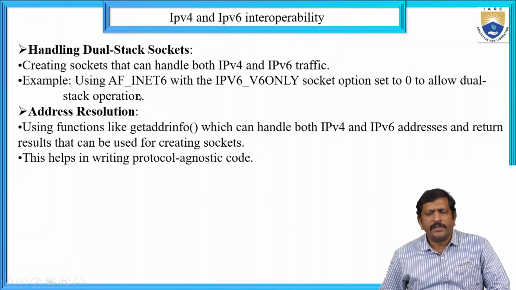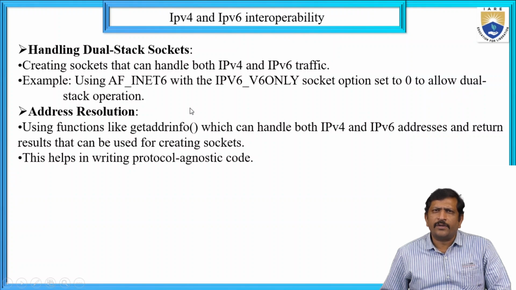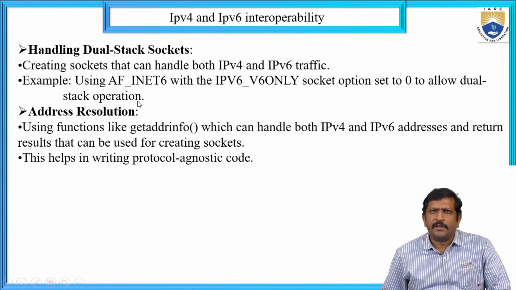Example, using the address family AF_INET6 with the IPV6_V6ONLY socket option set to 0 to allow dual socket operations.